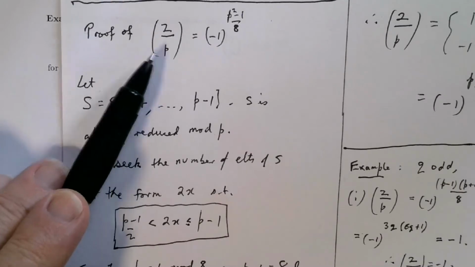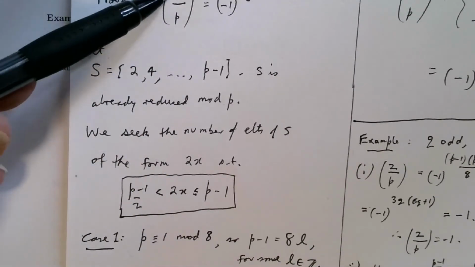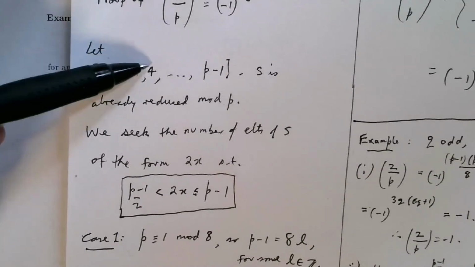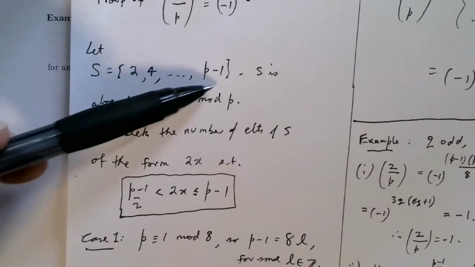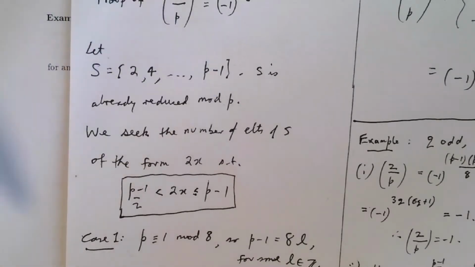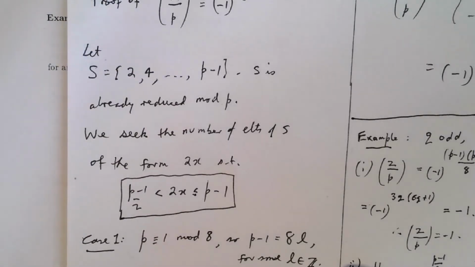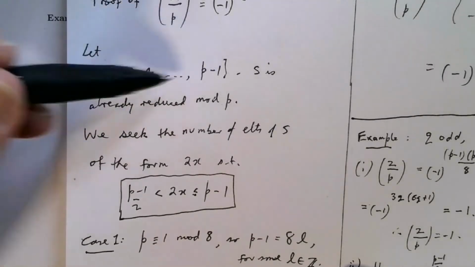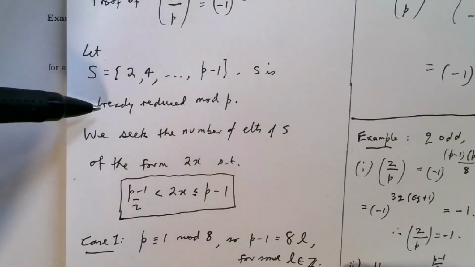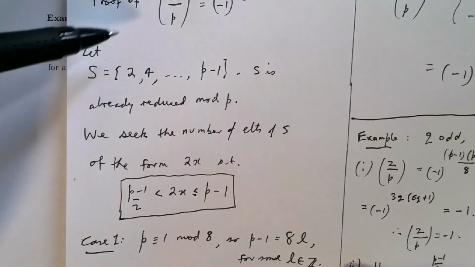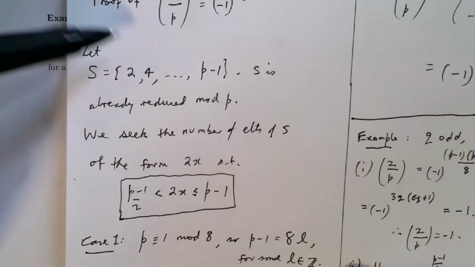Well, we start off in the usual way. Our a now is 2, so I take 2, 2 times 2, 3 times 2, all the way up to (p minus 1 over 2) times 2, which is just p minus 1. So that's the set S we have to start playing with, and normally we'd have to reduce these numbers modulo p, but happily in this case it's already reduced, so I don't need to reduce the numbers any further.